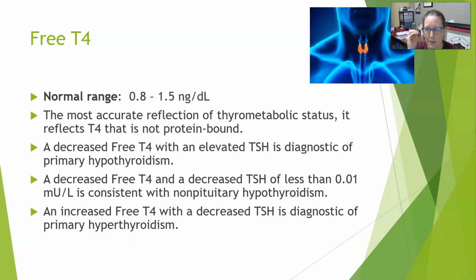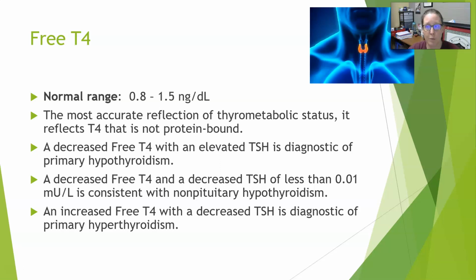So something is going on at the pituitary level and/or at the hypothalamus level, and TSH is not produced, and therefore thyroid hormones are not produced. That's more of a secondary, or even tertiary, type of hypothyroidism.